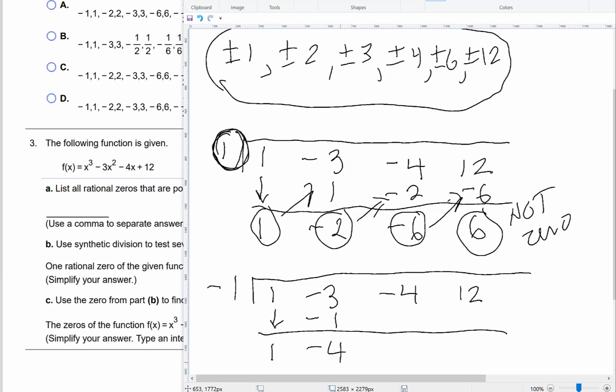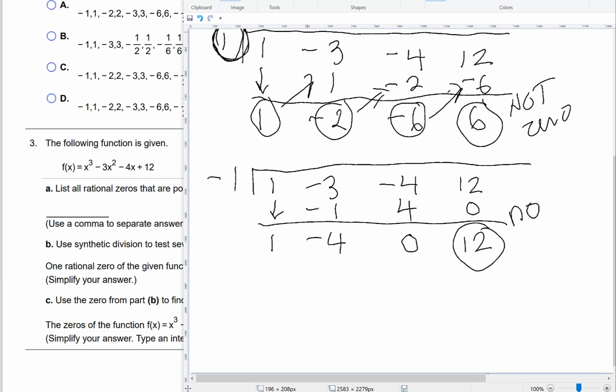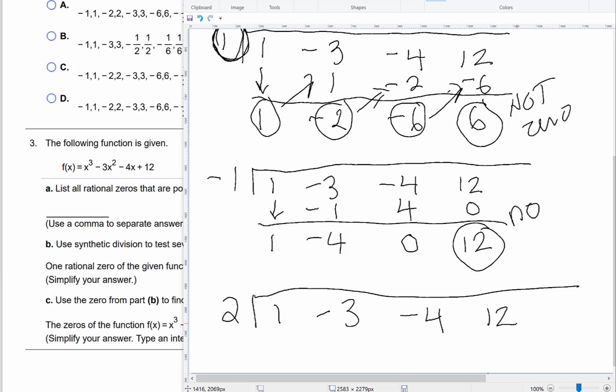Negative 1 times negative 4 is 4, add 0. Negative 1 times 0 is 0. Add 12, not 0. So this is a no. Next, I'll try 2. You can skip around, but I just find that I like to go in order.